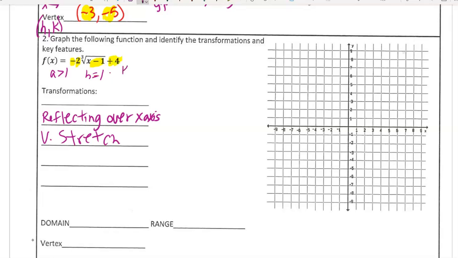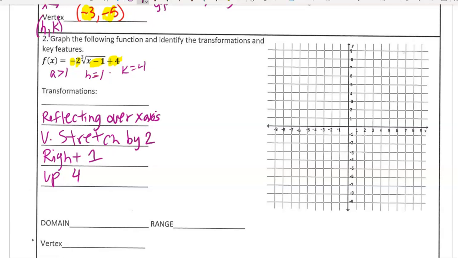And the last one here is k, and k is 4. So that h value of 1 tells me that we are moving right 1, and we are moving up 4. And let me just specify that the vertical stretch is by 2.